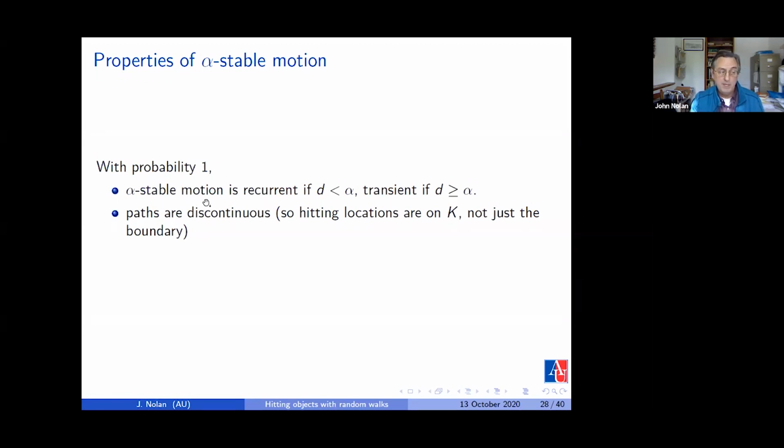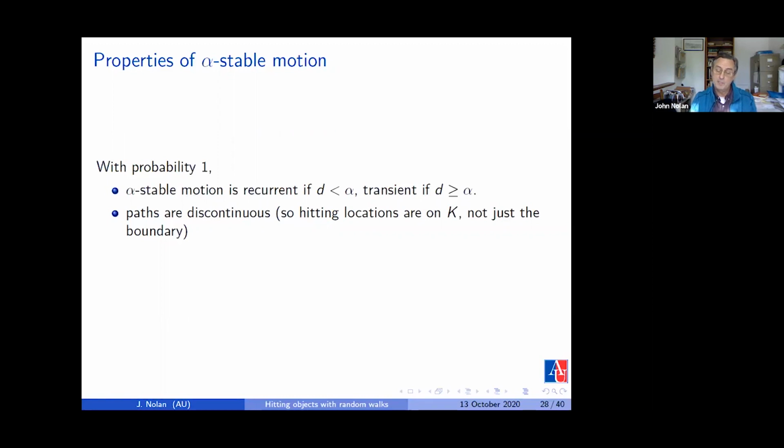With probability 1, the alpha stable motion is recurrent if the dimension of the space is less than this parameter alpha. It's transient if the dimension of the space is bigger than alpha. And the paths are continuous. For what we're going to talk about now with hitting locations, the big change here is that when I hit this object K, I'll generally hit it on the inside because this process is making jumps.